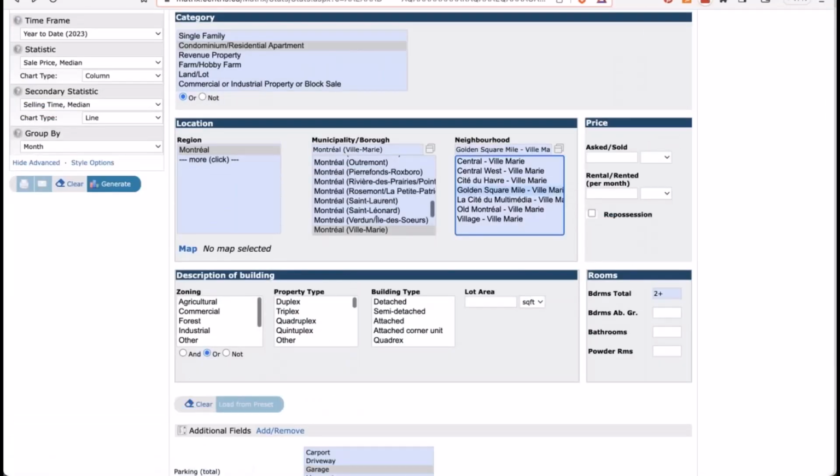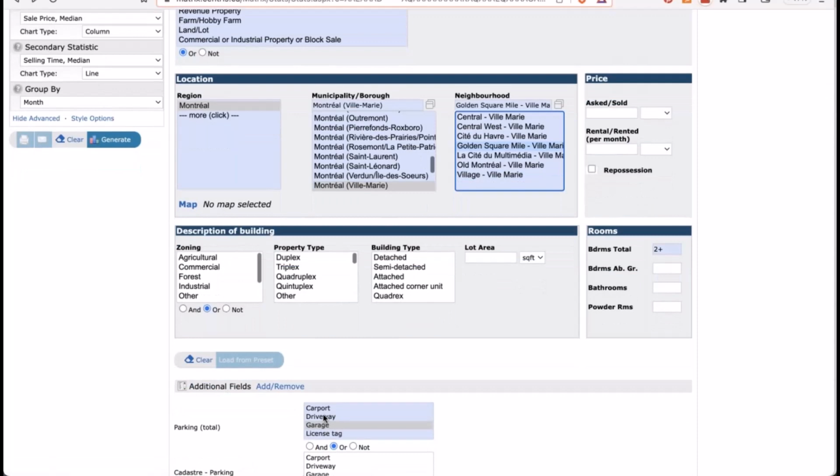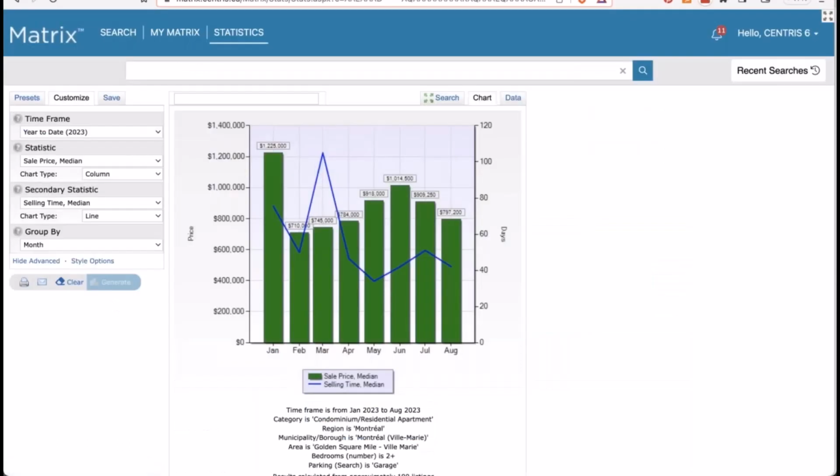So you can see the mistake. I had nothing, probably because I put a driveway. Downtown, to have a driveway is pretty uncommon. So that was the mistake there. Now I put garage instead of driveway, and I actually have a graph.